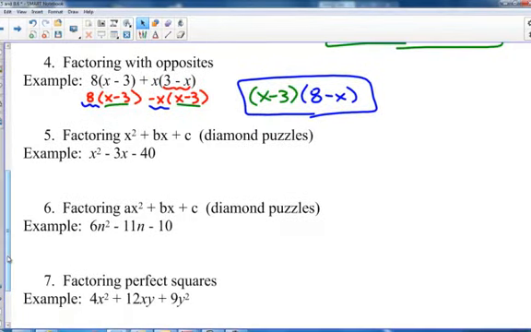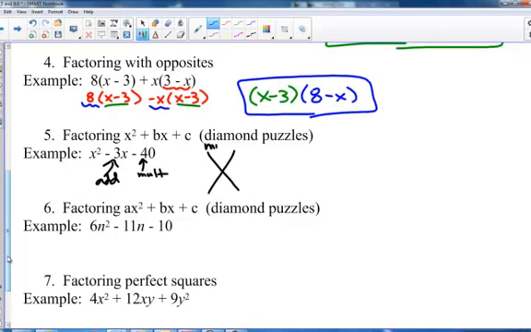And then we did the diamond puzzle, two numbers that multiply to give you a negative and add to give you a negative 3. So multiply to negative 40, add to negative 3. And if you didn't know this, you could think of a factor tree of 40. The bigger number is going to have to be a negative. Negative 40 and 1 won't work.